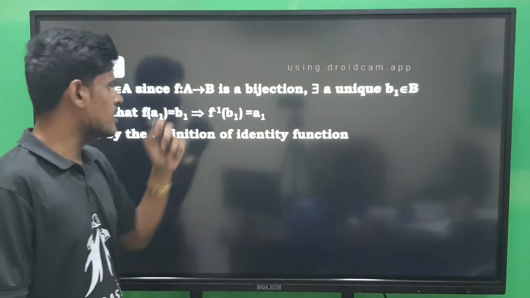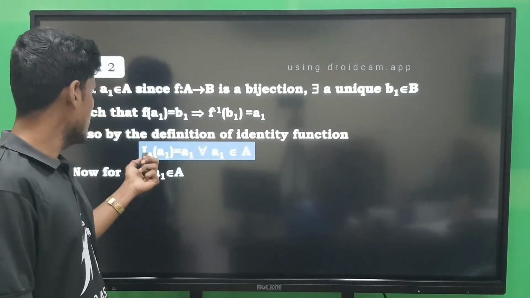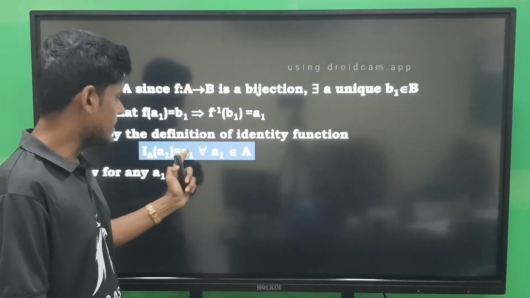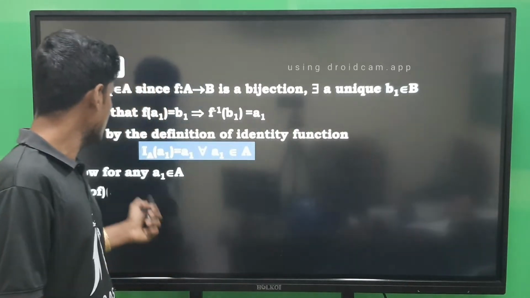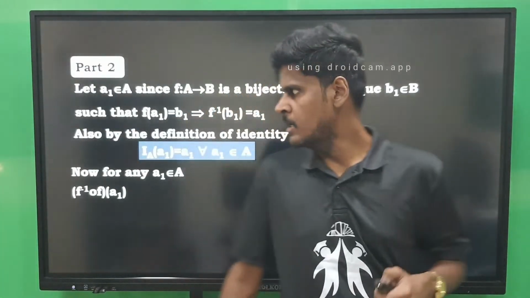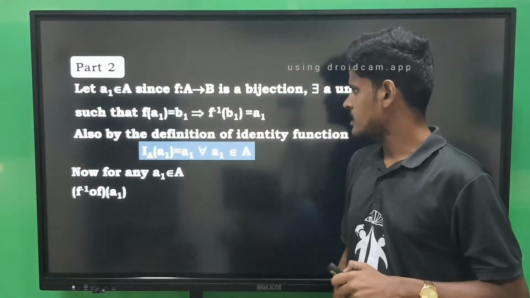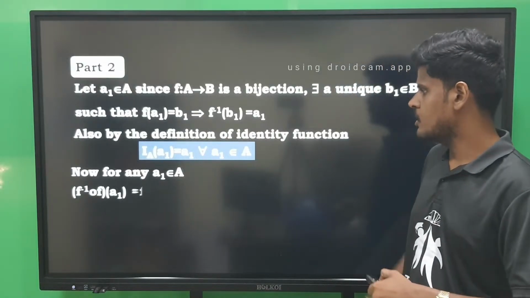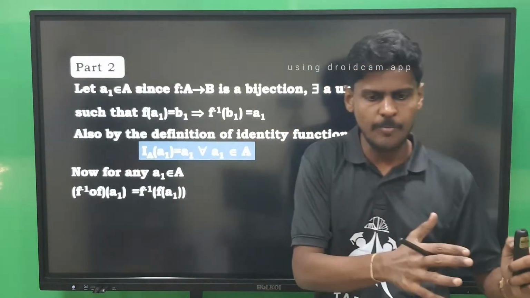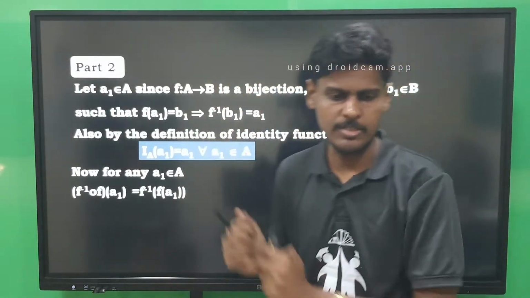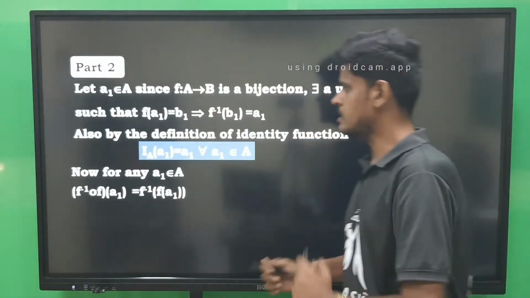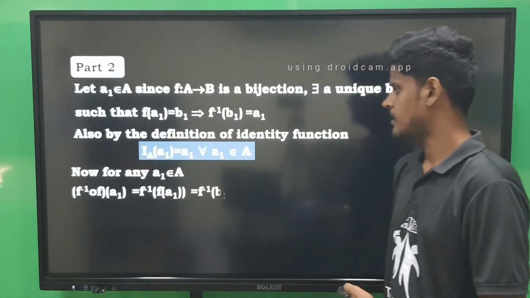Also by the definition of identity function, Ia of a is nothing but a itself. So by both these conditions, both the outputs are the same. That means both these functions have the same domain as well as the same output. So both these functions are equal.